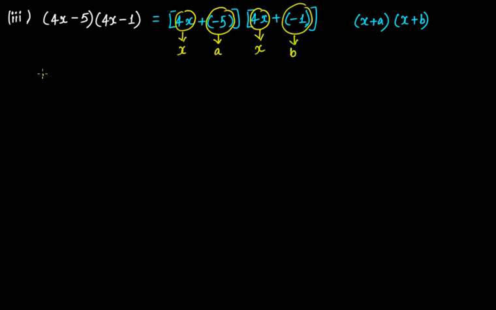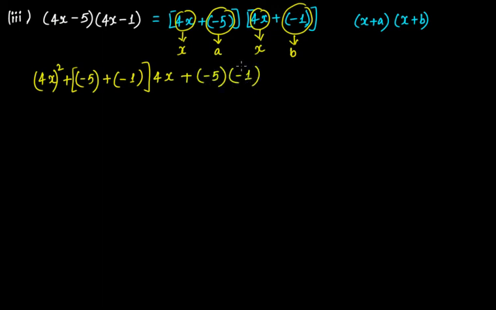So your answer will be x squared, that is (4x) squared, then it is plus (a plus b) means what? Minus 5 plus minus 1, and multiplied by x means 4x, then plus ab means minus 5 multiplied by minus 1.